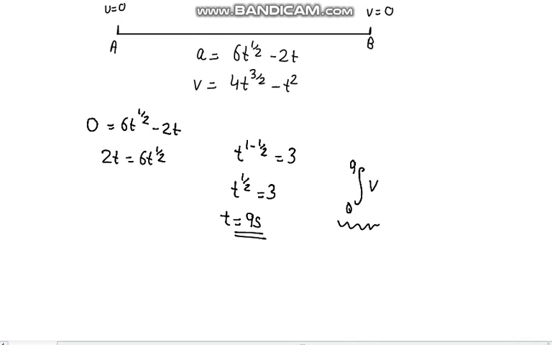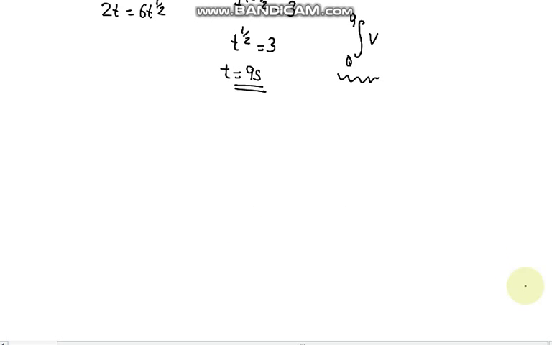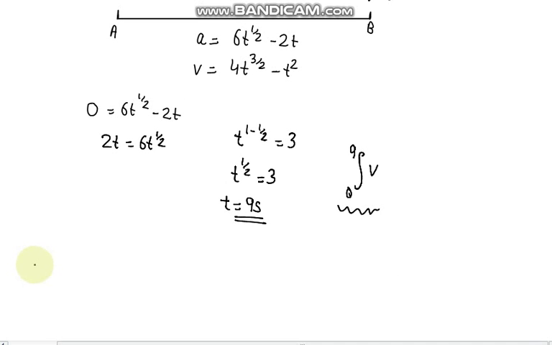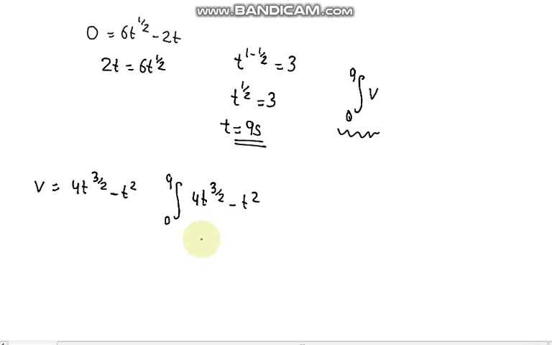The velocity expression is 4t^(3/2) minus t^2. So the integral from 0 to 9 of 4t^(3/2) minus t^2 is 4t^(2.5)/2.5 minus t^3/3, with the boundaries from 0 to 9.